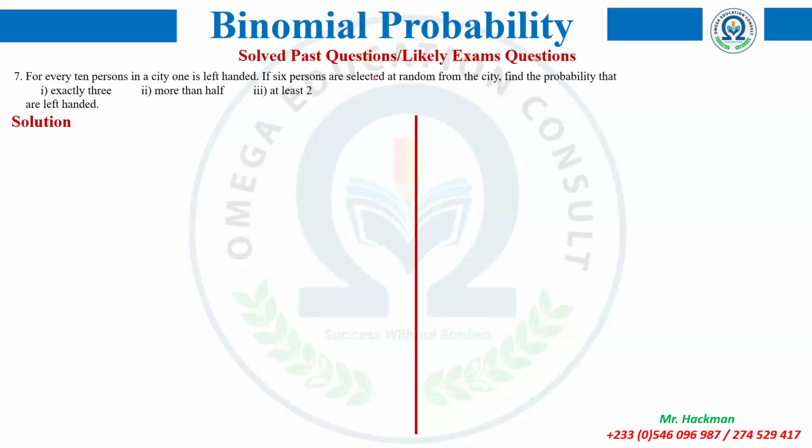Quote the probability distribution function: P(X = x) equals n combination x, p to the power x, q to the power n minus x. Here n is equal to 6. Do you agree? Our sample size.